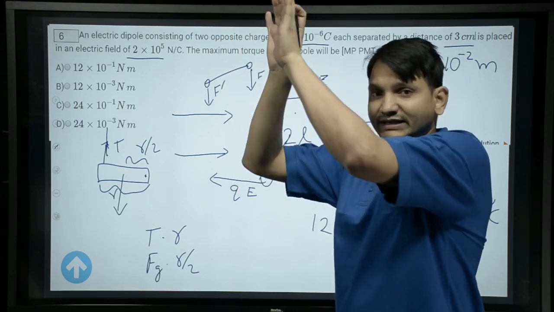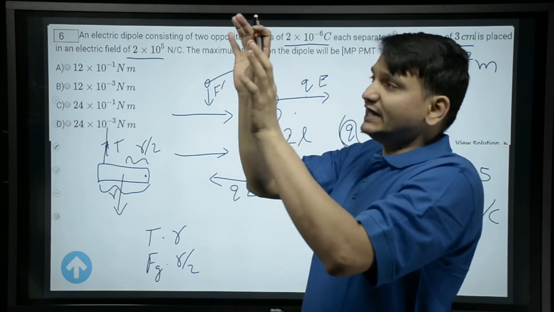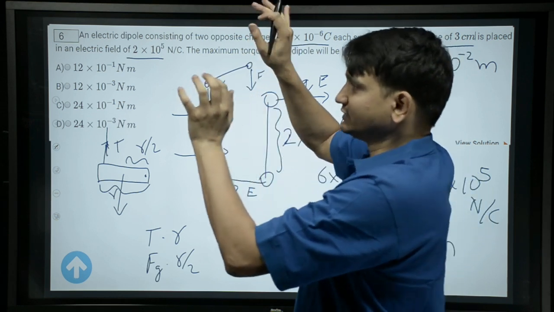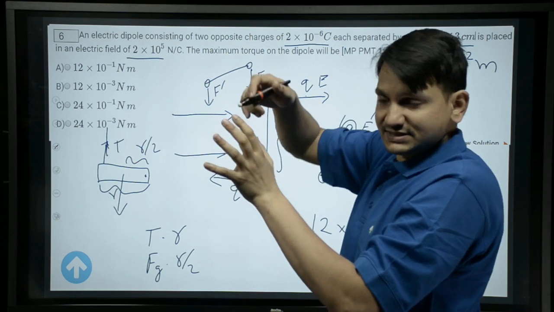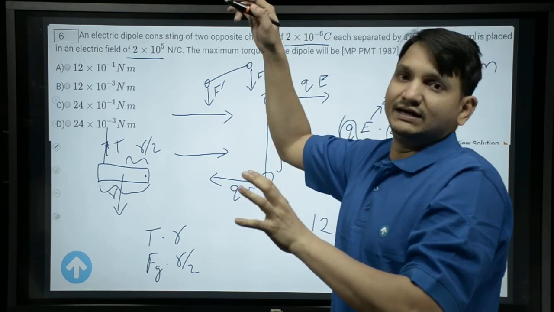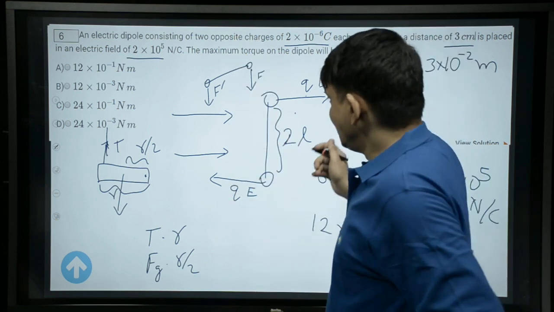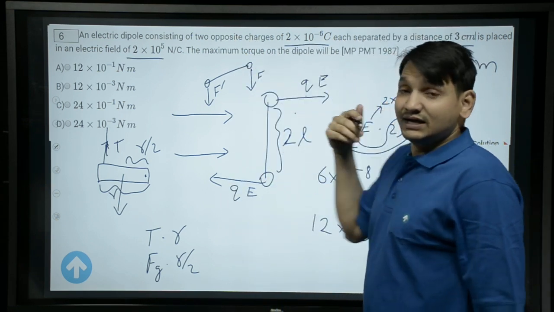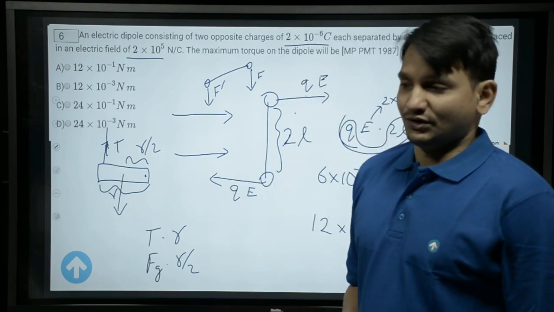So the net force is the sum of the two forces, but there would be a torque because there is a difference between the forces acting on that part, and that would be the difference of the forces times the distance between the points where the forces are being exerted. So if the forces are different because the electric fields are different, then we will have a net torque in that direction.